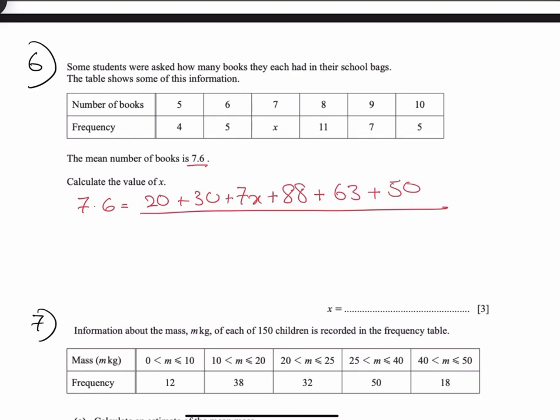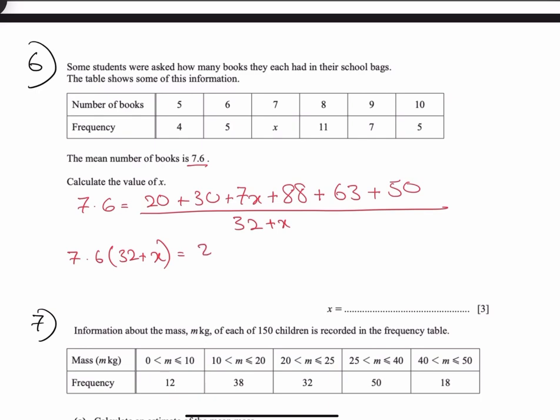Okay, let me add the total frequency, which is going to be 4 plus 5, leave the x, plus 11, plus 7, plus 5. That is 32 plus x. So 7.6 times (32 plus x) equals 20 plus 30 plus 88 plus 63 plus 50.